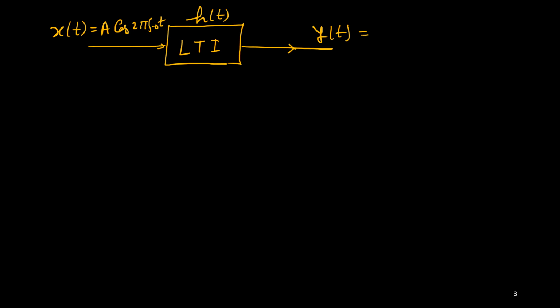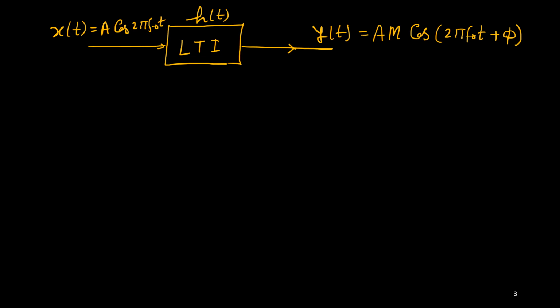So y(t) will be A times one magnitude M multiplied, and that M is basically the magnitude at frequency f naught, that we'll discuss, and cos will remain cos, 2 pi f naught t, with this one phase is added, phi.